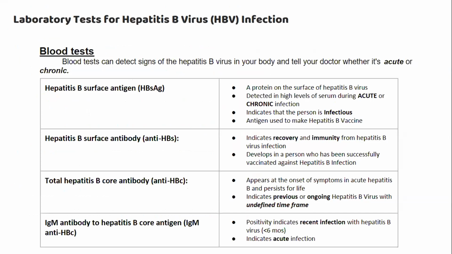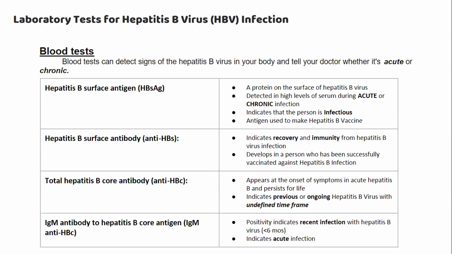Next. So for the laboratory tests, following are the hepatitis B serologic markers. So first is the hepatitis B surface antigen, just what the other groups discussed. A positive or reactive hepatitis B surface test result means that the person is infected with hepatitis. So hepatitis B surface antigen is a protein on the surface of hepatitis B virus.